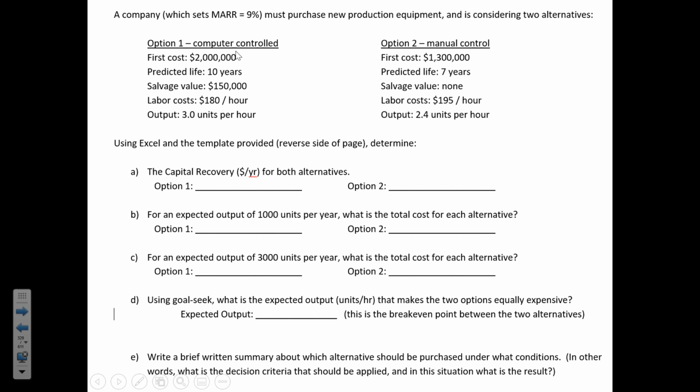And this computerized one, although it's more expensive, lasts longer, and it has a salvage value. So when we compare it to the other one, the capital recovery is going to be different for each one of them. Remember, capital recovery is just the per year cost of owning the equipment when you take into account the initial purchase price and also the salvage value at the end.